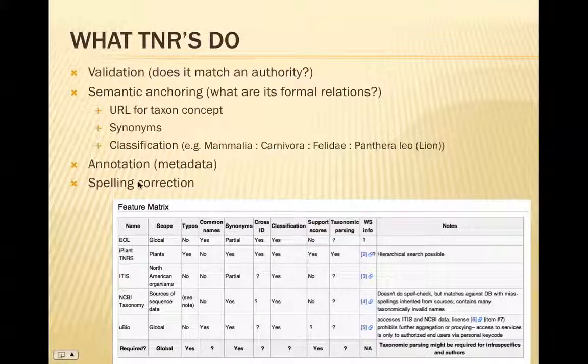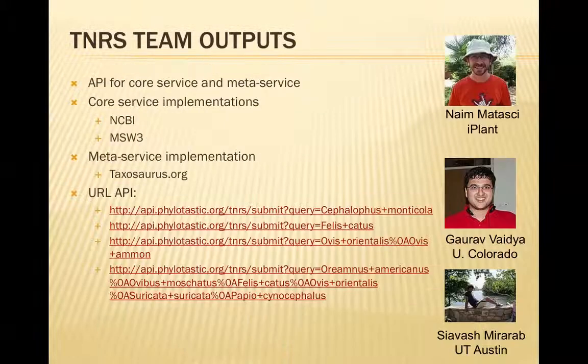Spelling correction, excuse me, is vital because in the study we just looked at, and I think this is generally true, mismatches between names in resources are mainly due to misspelling and not to genuine taxonomic ambiguity or taxonomic conflict.